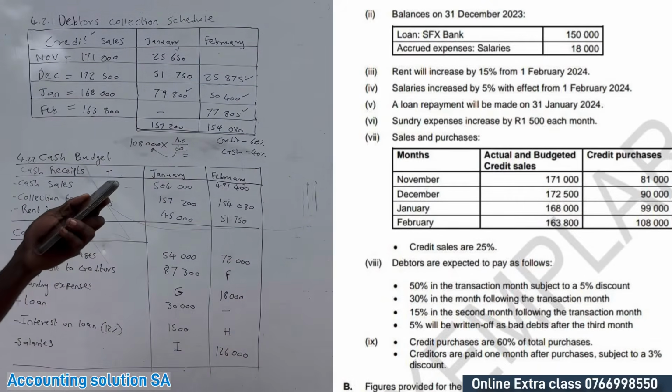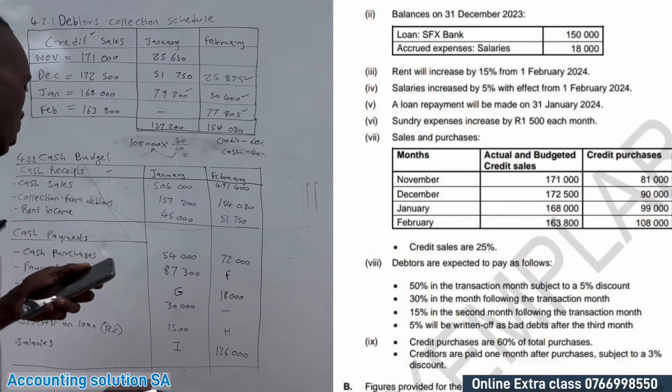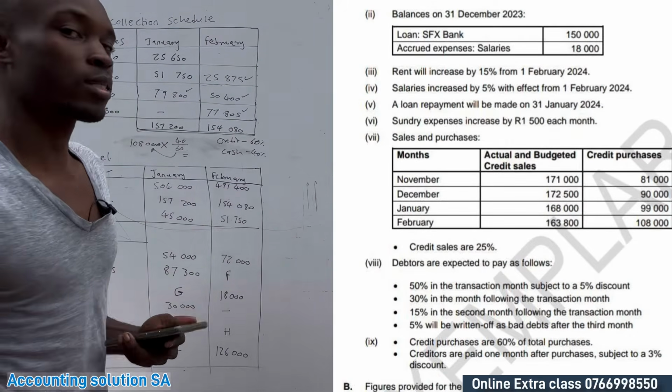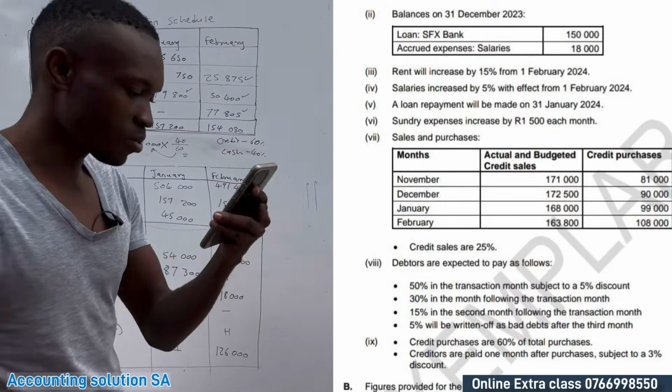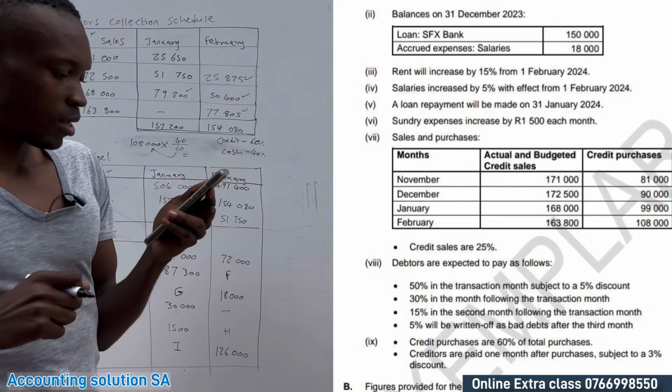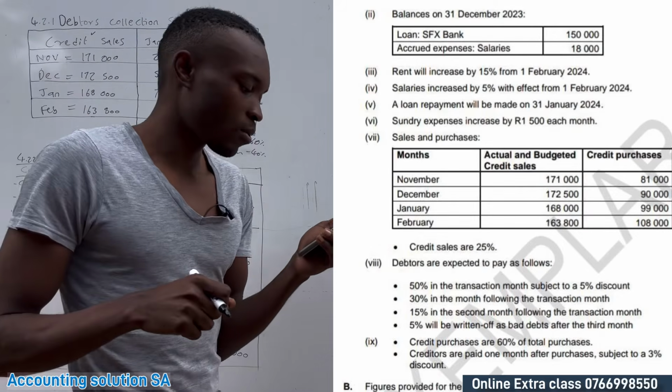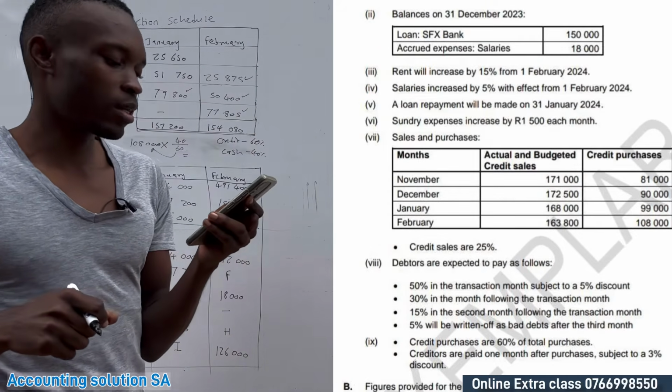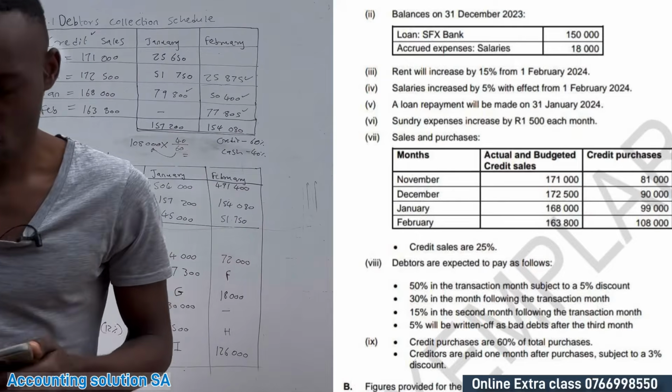72,000, number E, correct. Then now let's go to payment to creditors, the one that I was doing before this one. Okay, let's read the transaction again. Creditors are paid 1 month after purchase and subject to 3% discount.